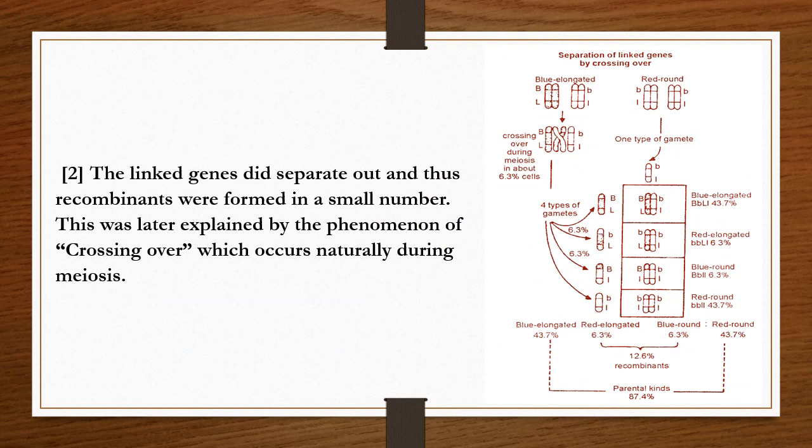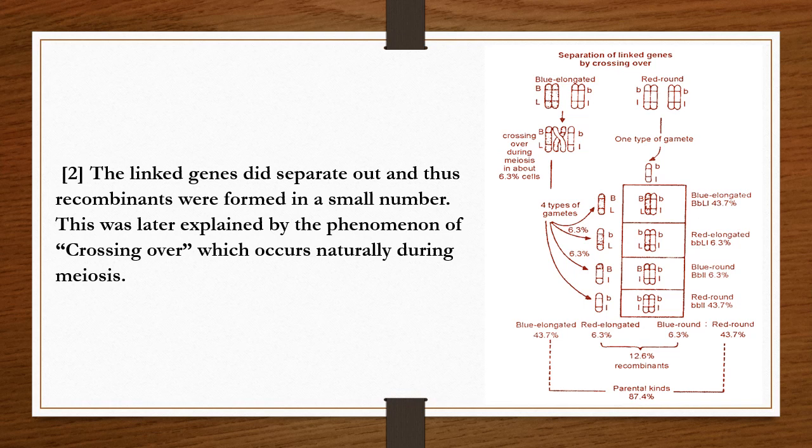In another conclusion, the linked genes did separate out and thus recombinants were formed in smaller numbers. This was later explained by the phenomenon of crossing over, which occurs naturally during meiosis.